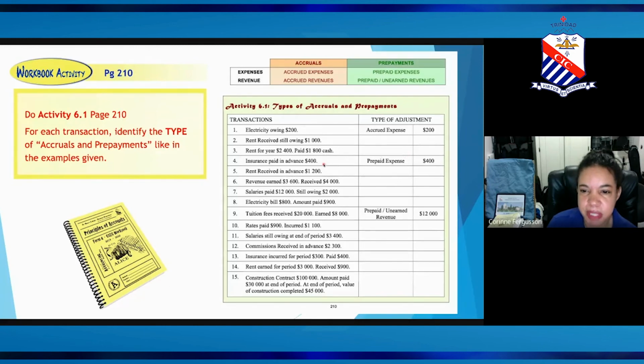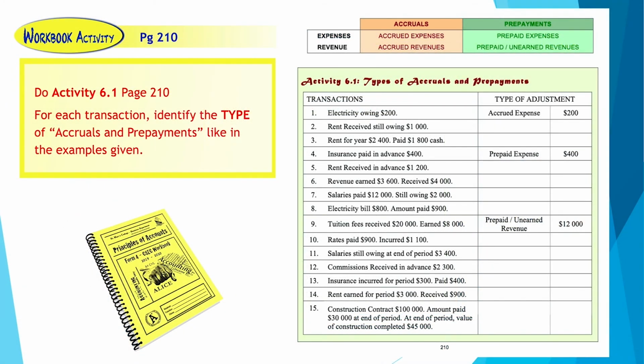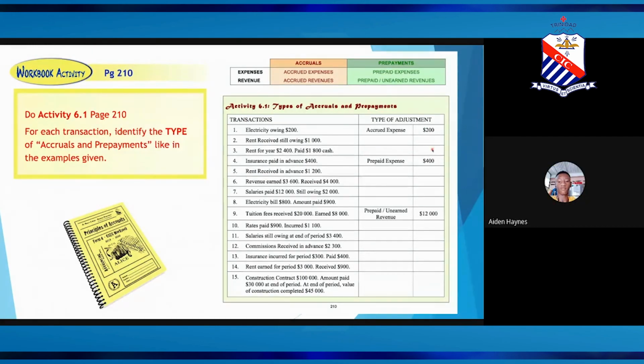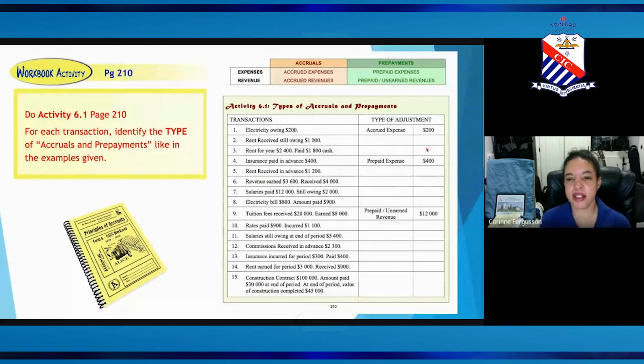It's accrued because you paid less than was incurred. So how much is the accrual? So it's an accrued expense, but how much is the accrued expense? 600. Excellent. Right, so it's 600.